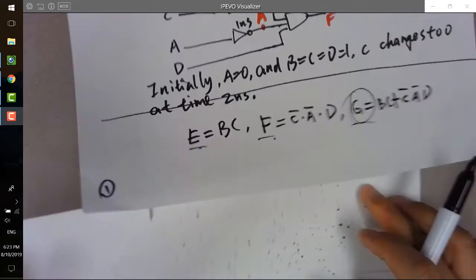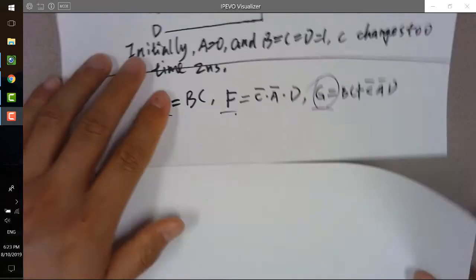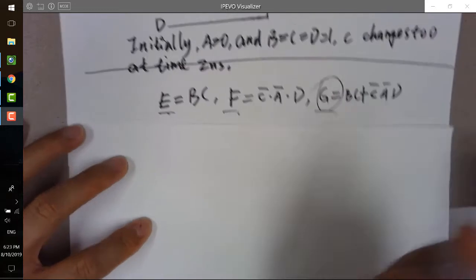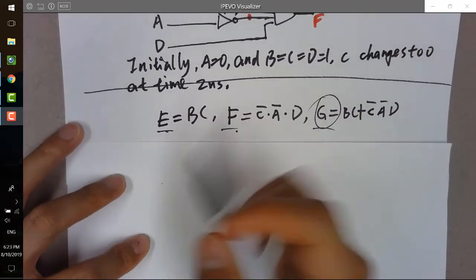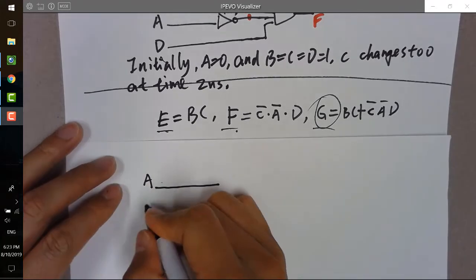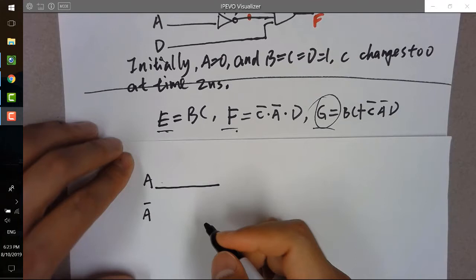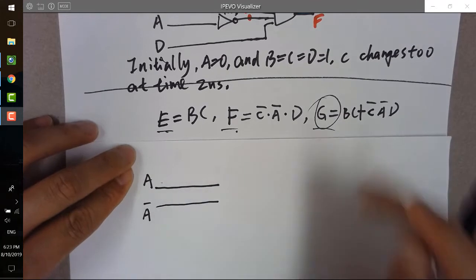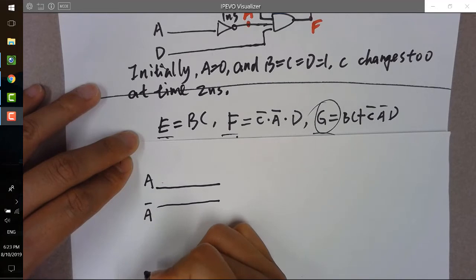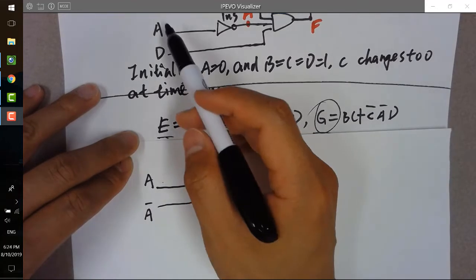So now let's take a look. Initially A is 0 in the beginning, so of course A bar will be 1 in the beginning. B, C, D will be 1s.